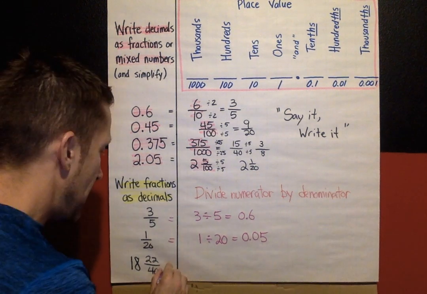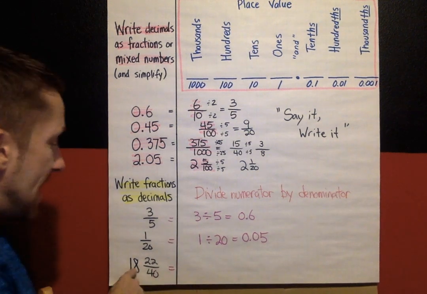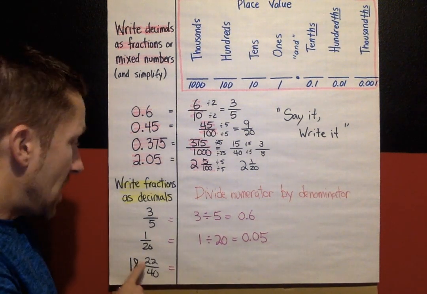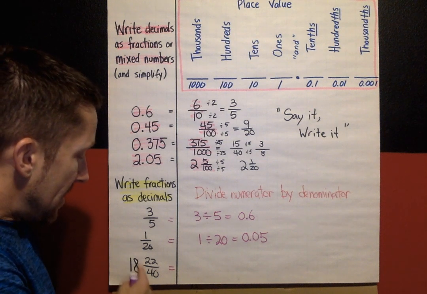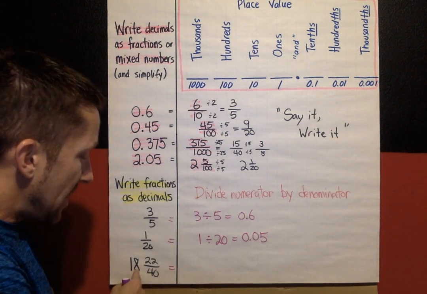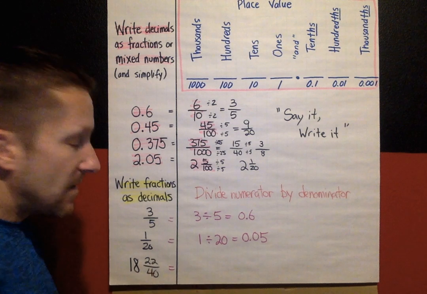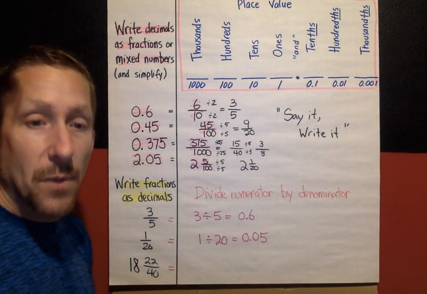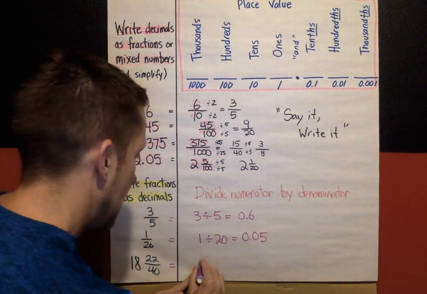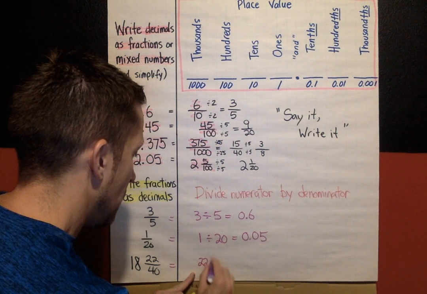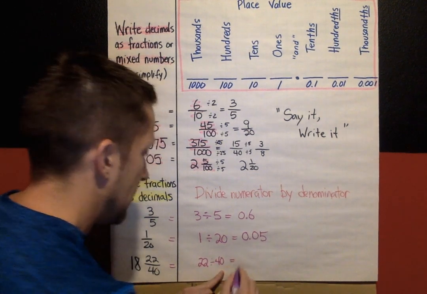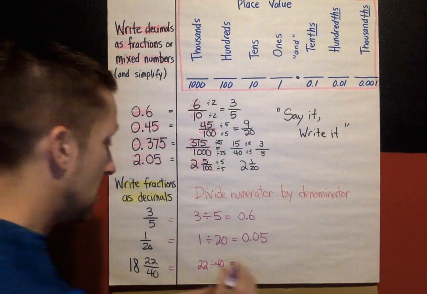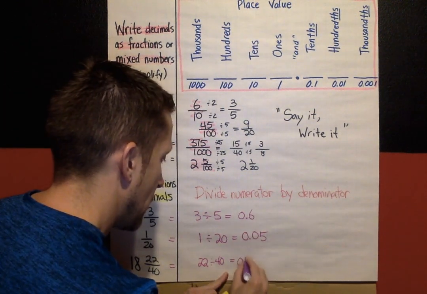This last mixed number has an 18, so I know that part of my decimal number is going to be a whole number 18. I'm going to divide 22 divided by 40 to get the decimal part. So I'm going to write that right here. 22 divided by 40, and my calculator is going to give me 0.55.